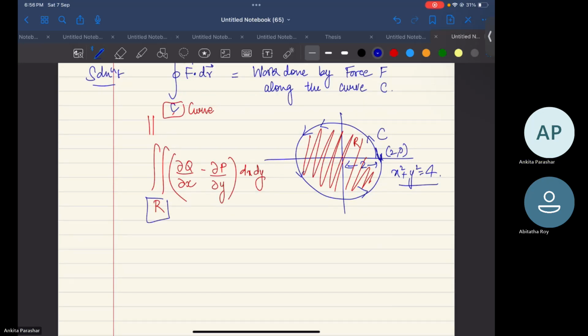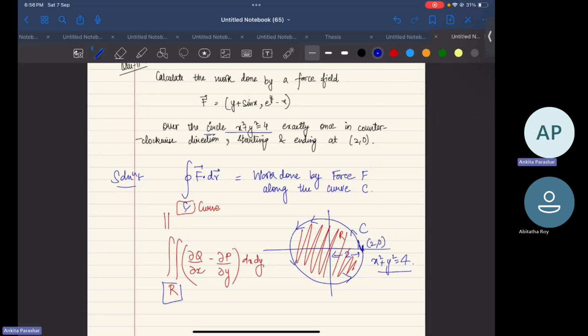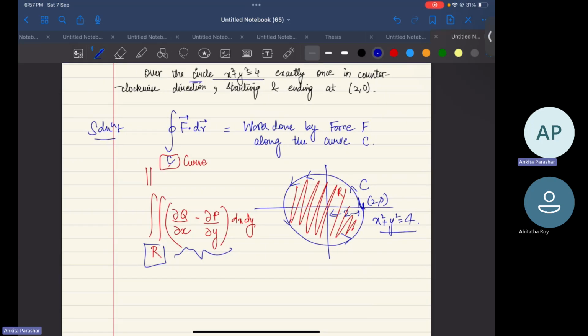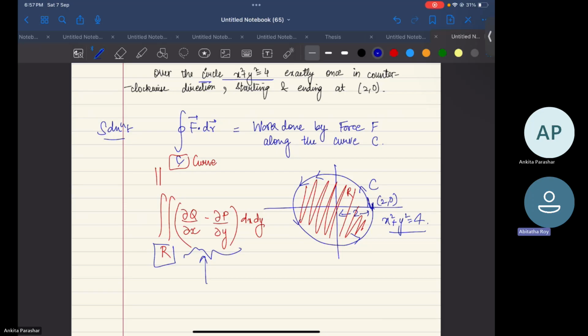Either you can find the area. Let's just compute this. What is this first? I think that would tell you what to do. We have the functions P and Q involved here.